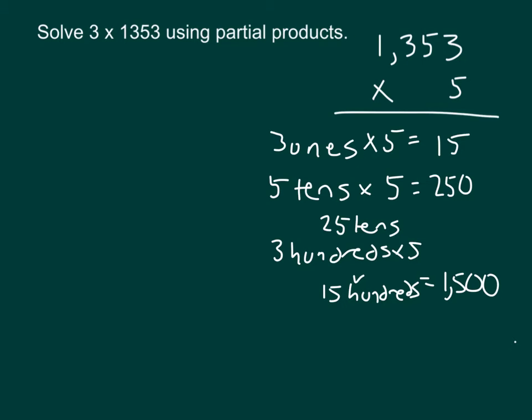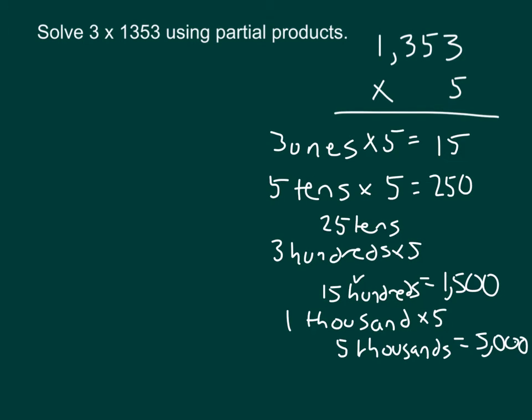Lastly, we have this 1, which is worth what? 1,000. And what are we multiplying by? 5. That will equal 5 thousands. And how do we write 5 thousands? 5, 0, 0, 0.